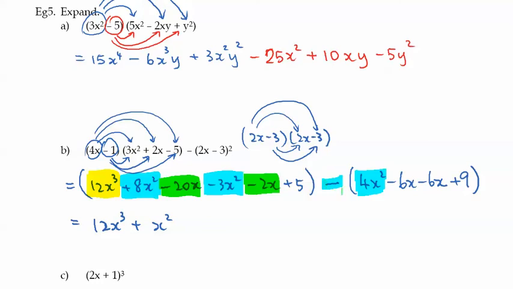Minus 22x, and seeing how we have minus 12x from the second group, you will end up getting a plus from here. So this turns into negative 22x plus 12x.